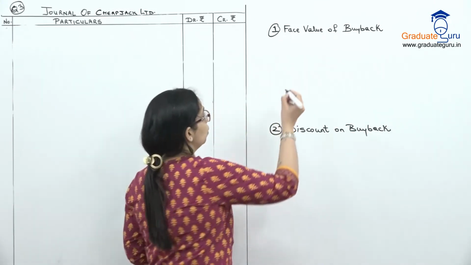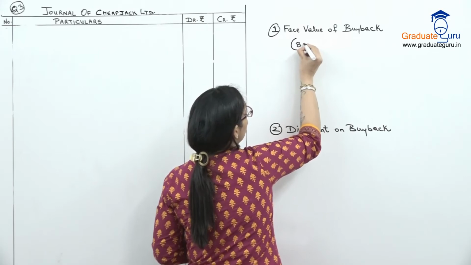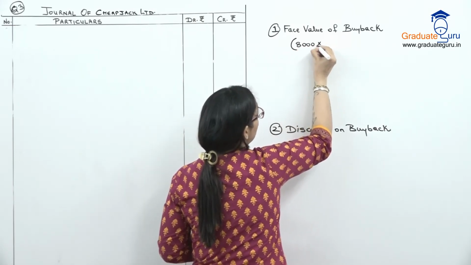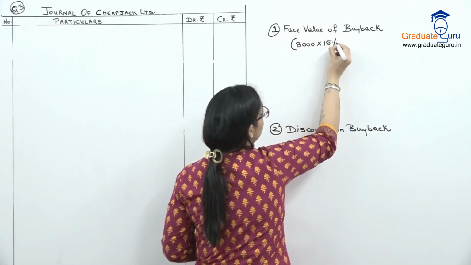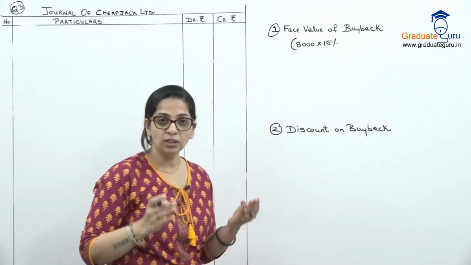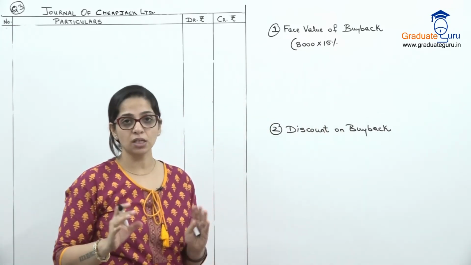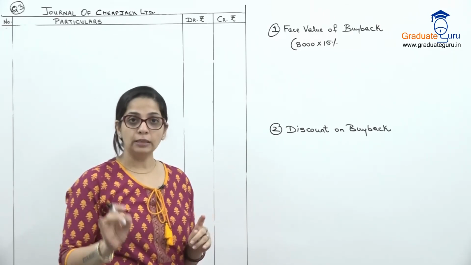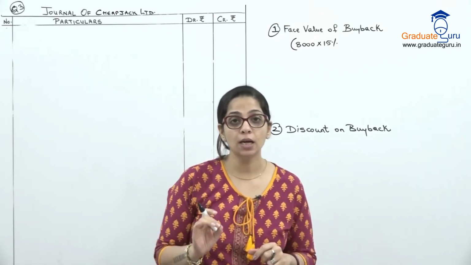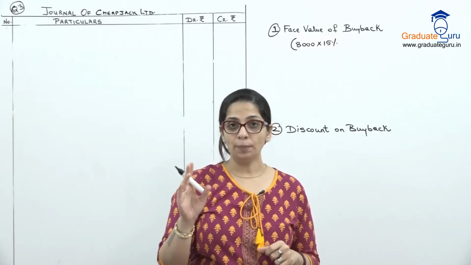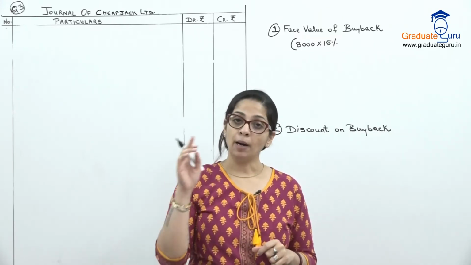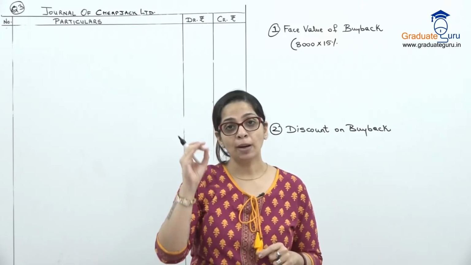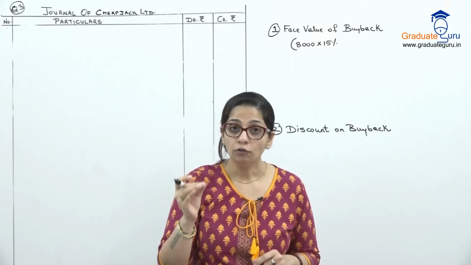Okay. So the number of shares is 8,000 into 15%. Of however many shares there are, we are buying back 15%. And even though in the balance sheet the shares are still partly paid, 20 rupees not yet paid, before buyback I will compulsorily have to make it fully paid.